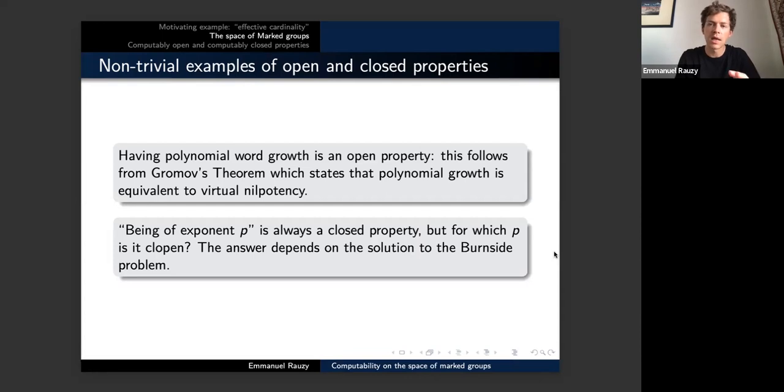And being able to say when it is open is very much related to the Burnside problem. And we don't know as of now for which p's the set of exponent p groups is an open set. These are examples where it's very hard to know if the properties are open or not.